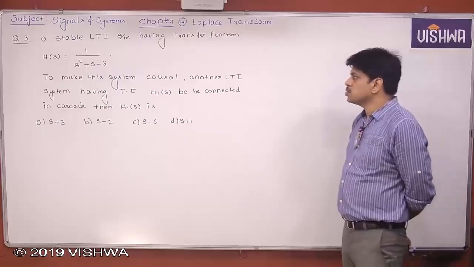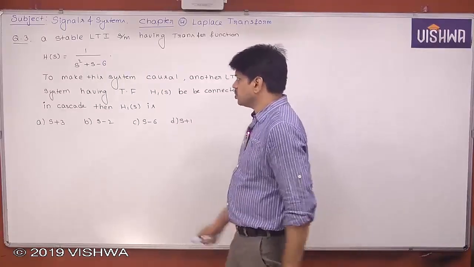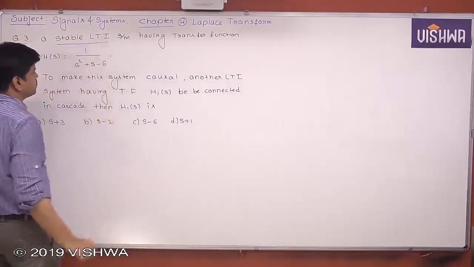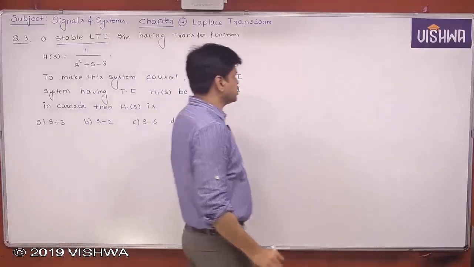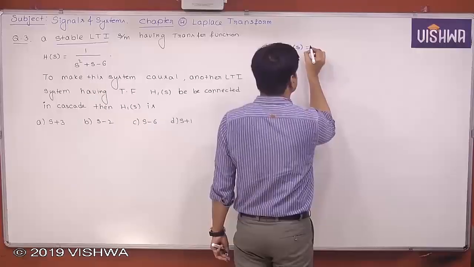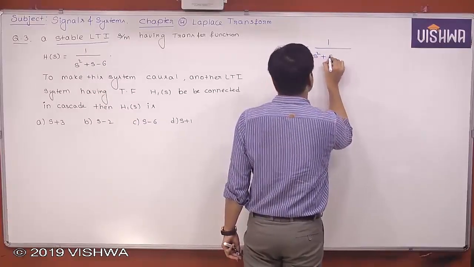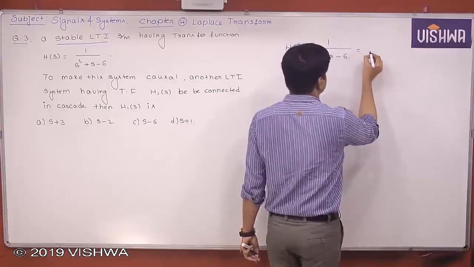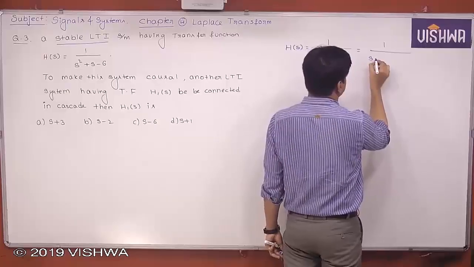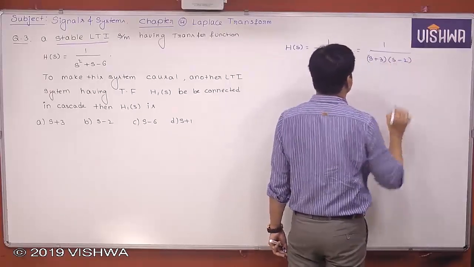Okay. So the given system is a stable system. They have given that this H of S is a stable LTI system. First try to understand what H of S is. Given H of S is equal to 1 by S square plus S minus 6, which is 1 by S plus 3 into S minus 2.